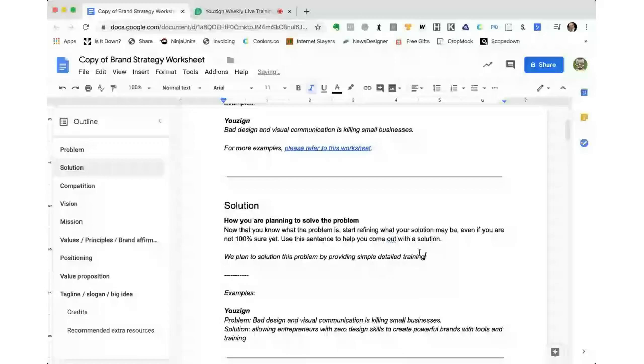And I could put down, we plan to solve this problem by providing simple, detailed training, instruction, which can come in the form of webinars, etc. Make sense?